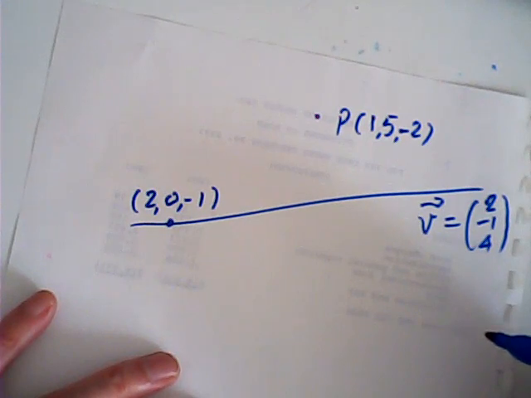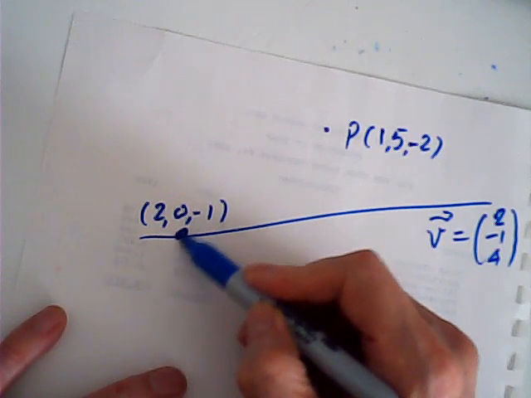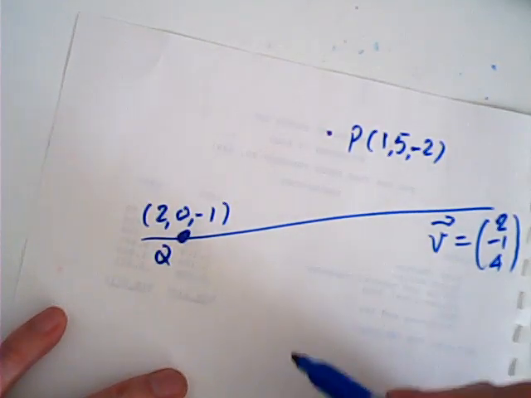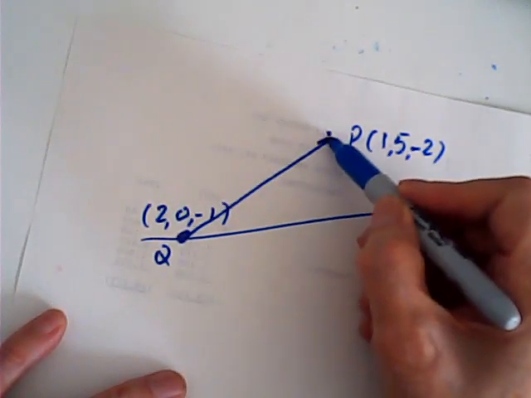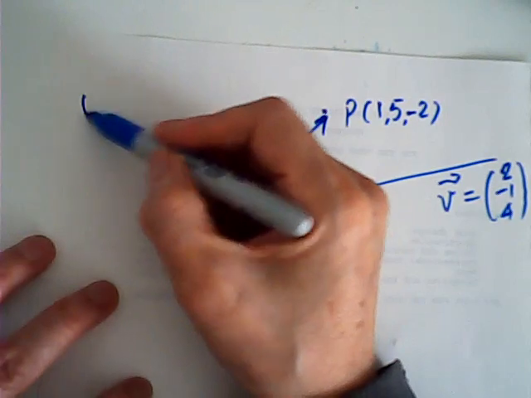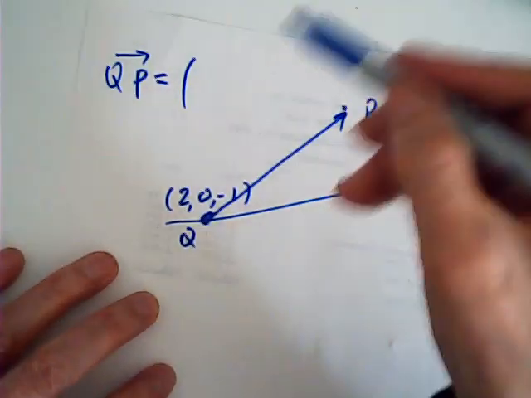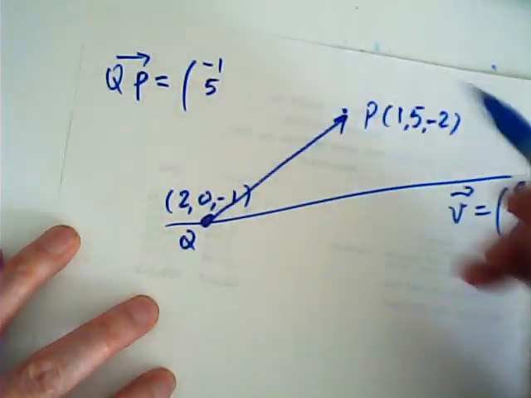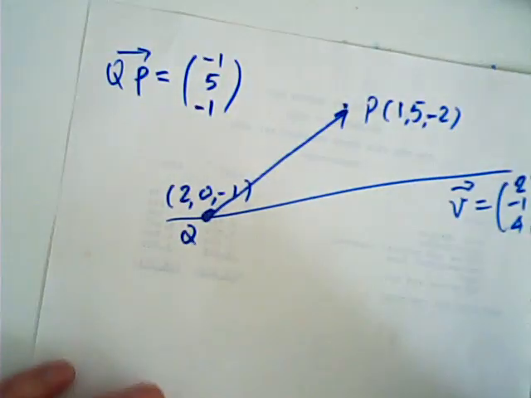Now, how do we start? I choose the point, say this is Q, and then you have the vector QP, which is equal to 1 minus 1, this is 0... QP is (1 - 2, 5 - 0, -2 - (-1)) = (-1, 5, -1).